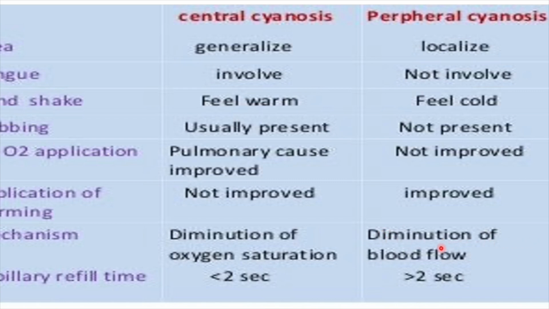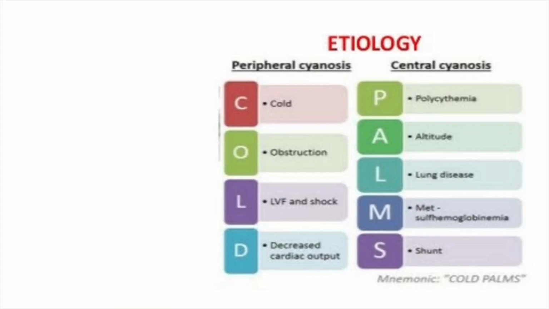That is, more time is taken for the blood to travel, so more oxygen is extracted from the peripheral blood, and that leads to cyanosis. So in such a case, if you immerse a hand in warm water, circulation improves and the cyanosis decreases. Then look for the capillary refill time. It is increased in peripheral cyanosis.